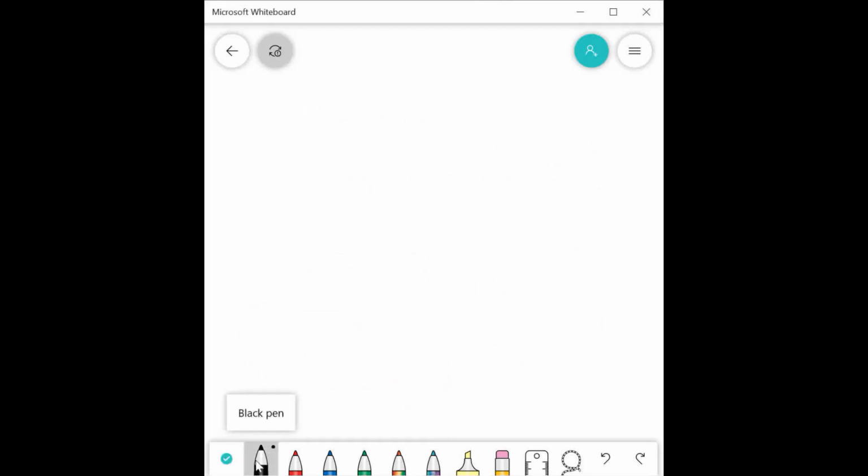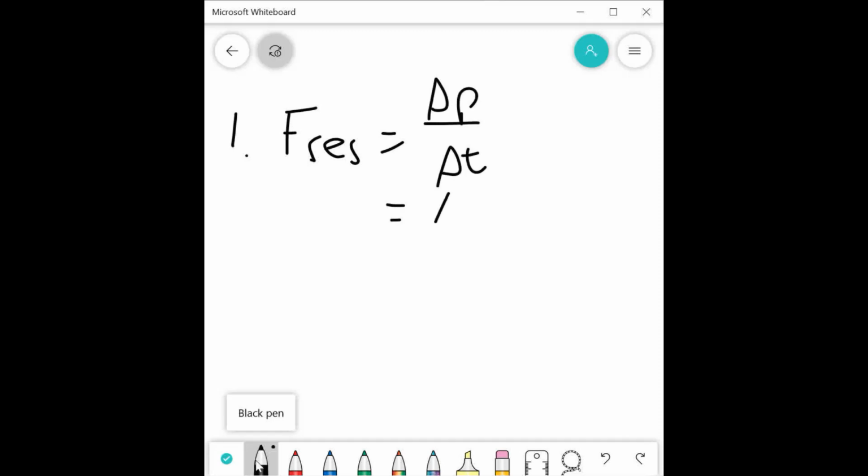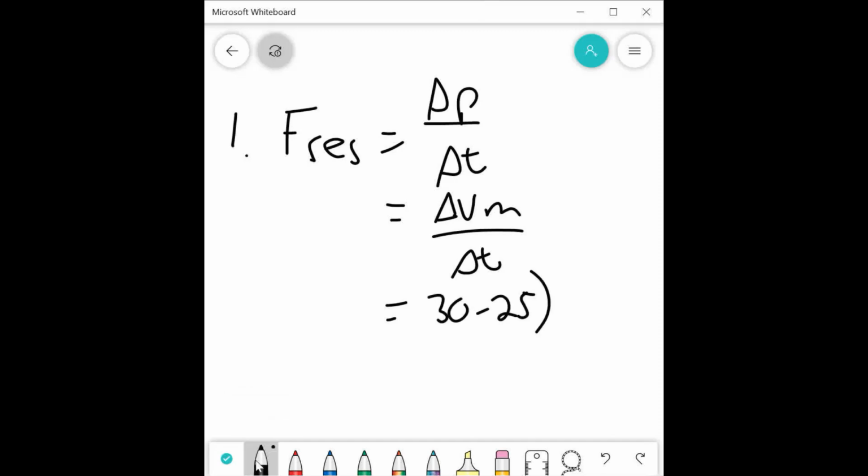Then the next one, so they want to calculate the force. So we know F res is equal to change in momentum over change in time. And what is change in momentum? It's change in velocity times mass. So our final velocity is 30, and our initial is 25.